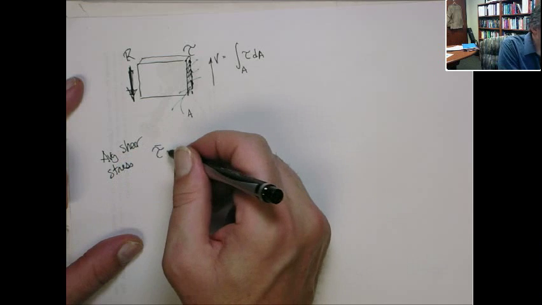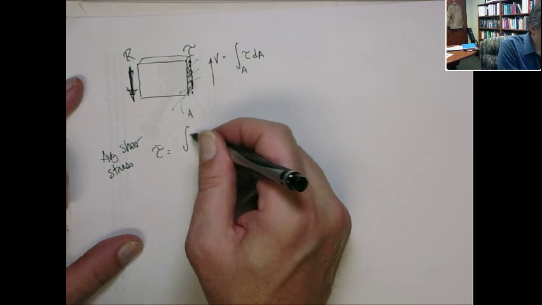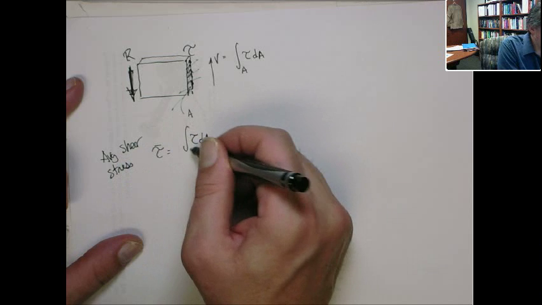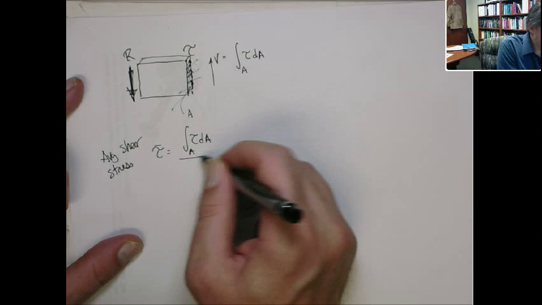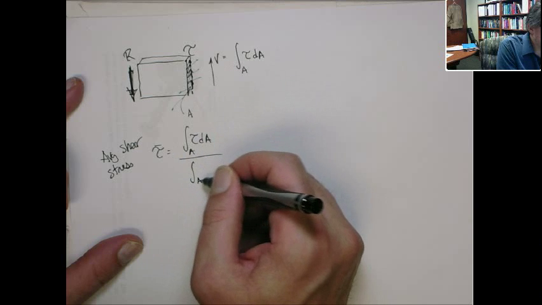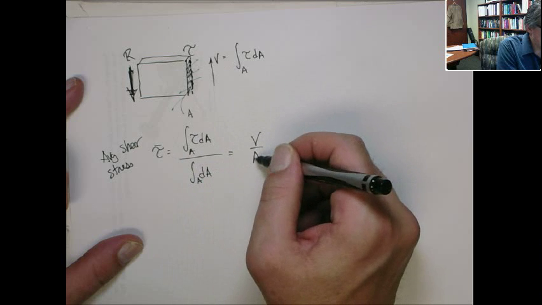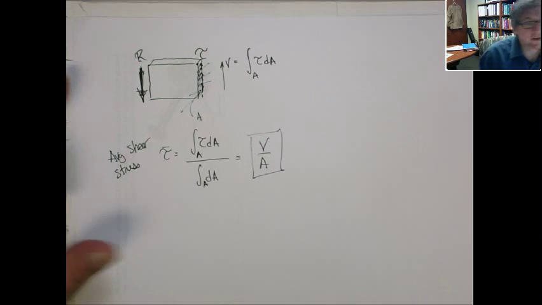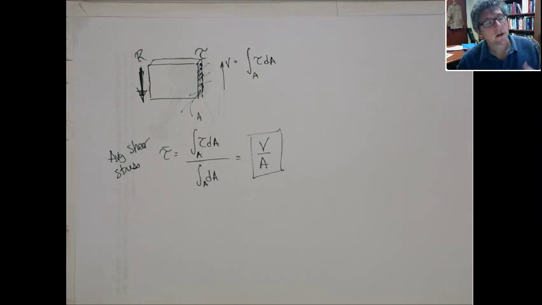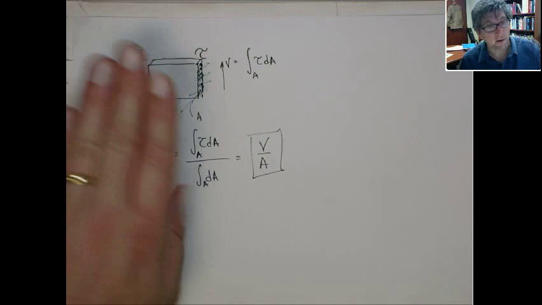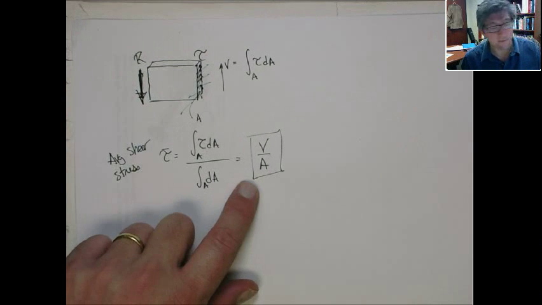The average shear stress is going to be the integral of tau dA over the area. That's the average shear stress. It's similar to the average normal stress. It's just obviously a component. So we get that.